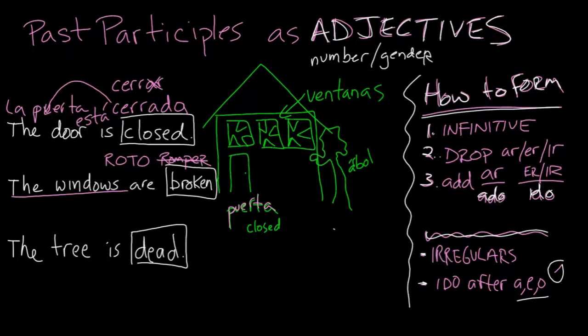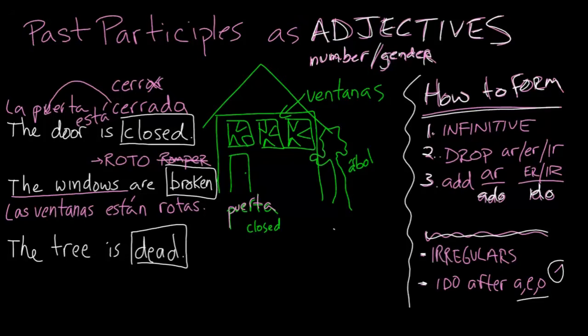We're referring to the windows are, and we know our participle is roto, but since we're using it like an adjective, it has to agree in number and in gender with what we're describing. So what are we describing? The windows. The windows are broken.